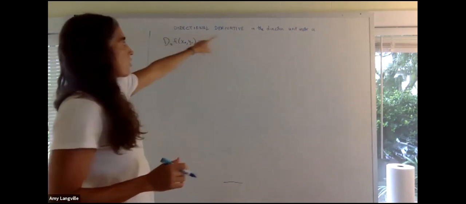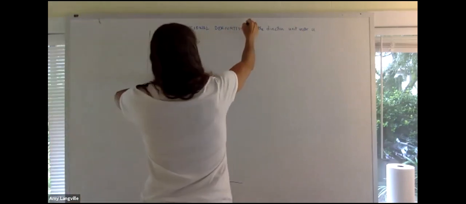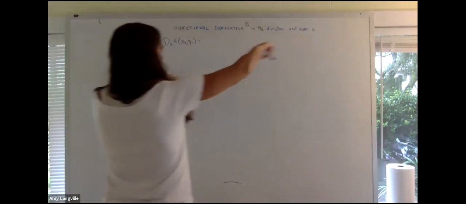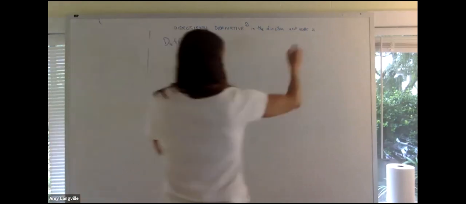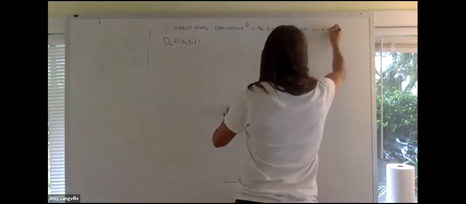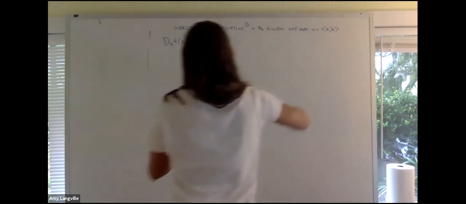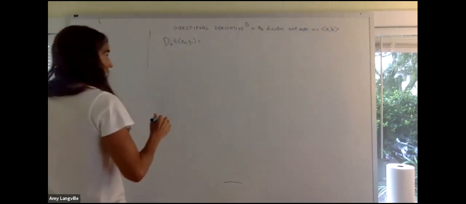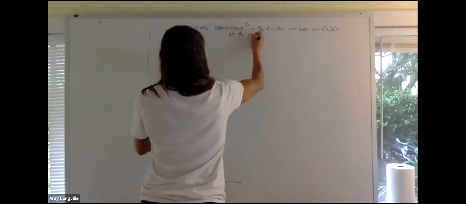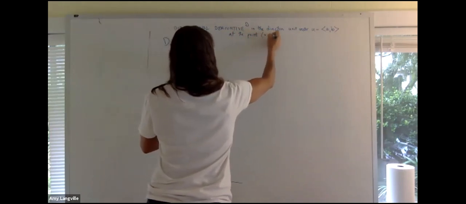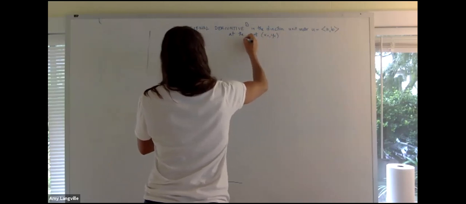So we're going to take a directional derivative, and that's going to be this capital D thing, in the direction of the unit vector u. And u is going to be given by these components a and b. And we'll do it at the point x naught, y naught. So that's our point of tangency.